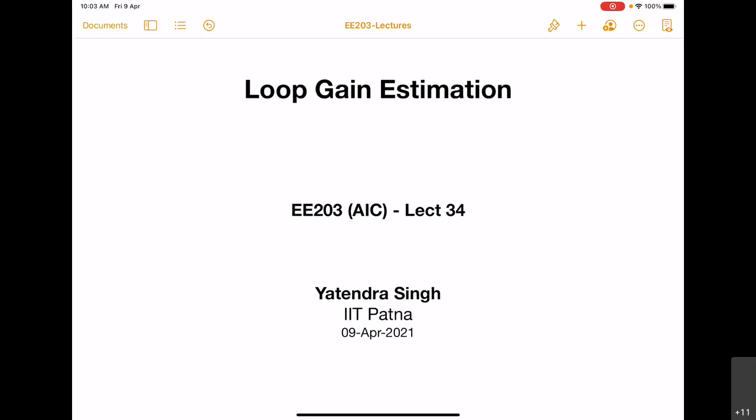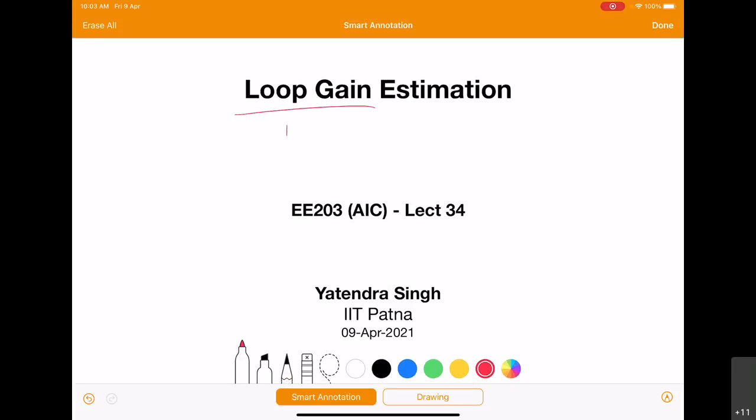In the last class, we saw that the loop gain of a negative feedback amplifier was a very important parameter. That means this beta A, and it is this parameter which was appearing in the expressions for the overall gain, input and output impedance, and bandwidth.